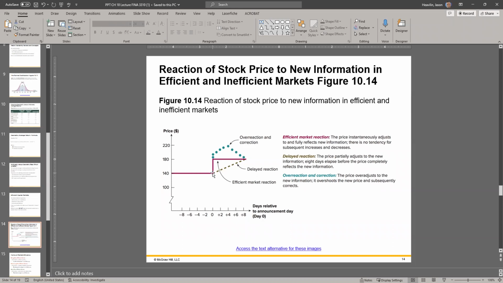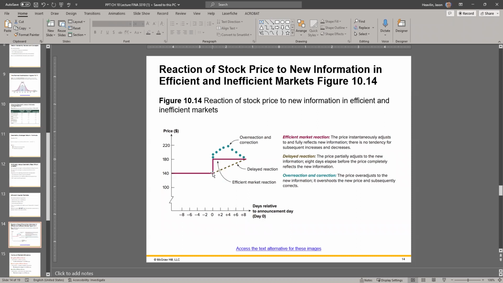Something happened, stock price goes up, and that's where it should be until the next thing happens. But what happens in real life is that when the event happens, people don't automatically go straight to the price it should be. Some people estimate it's going to go up even a little higher. So they react to it, and that's what happens here. But then once reality kicks in, it normalizes and it goes down to where it should be.